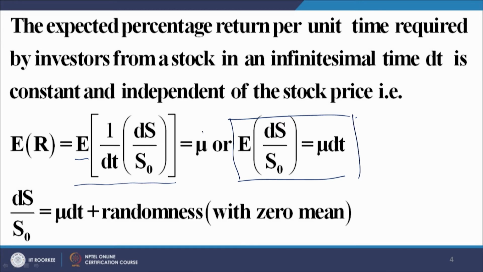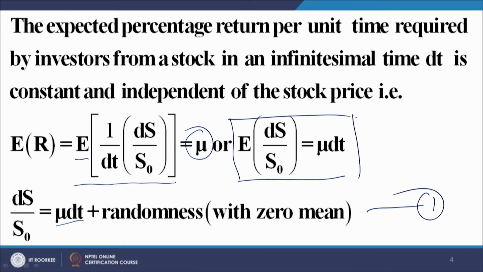We represent it by mu, and this gives us that the expected percentage change in the stock price is equal to mu dt. In other words, we can write dS upon S0, which is the percentage change in the stock price, is equal to mu dt plus some statistically random number which has a 0 mean. Let me call it equation number 1.